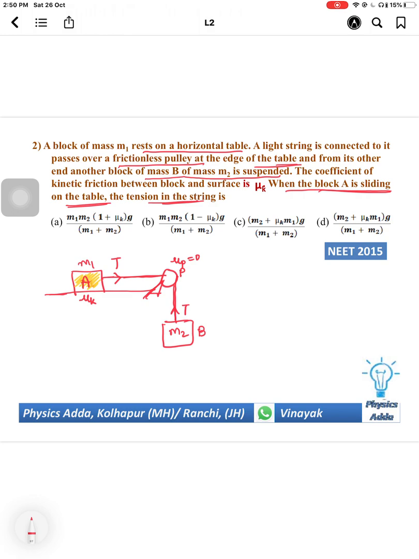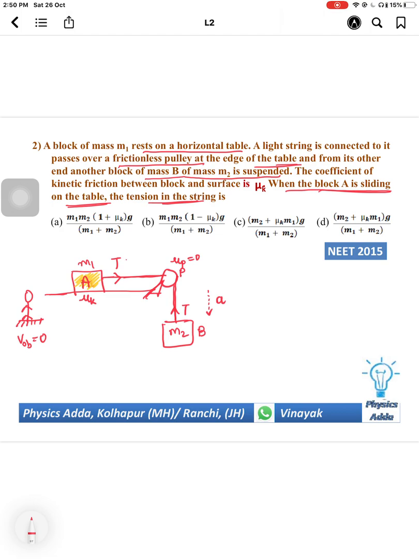If I'm solving this problem, and my observer is standing here, the velocity of the observer is 0, and you will observe that the mass m2 is moving downwards with acceleration a.